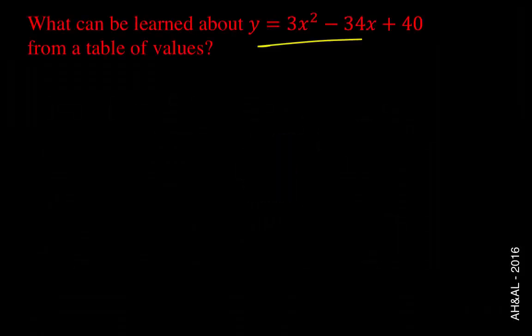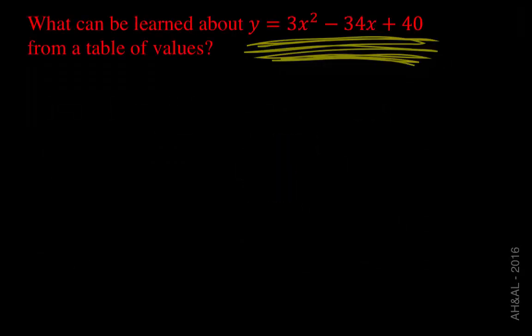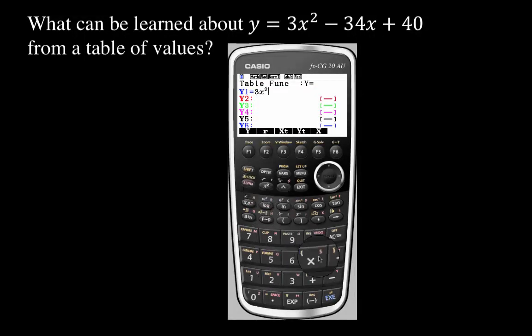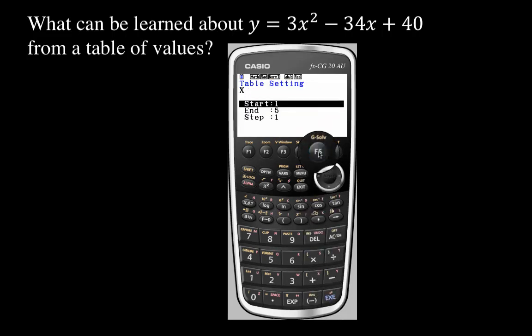What can be learned about this function from a table of values? Well, the table has to start with some x value, so let's make it show x values from -2 to 8 in increments of 1.